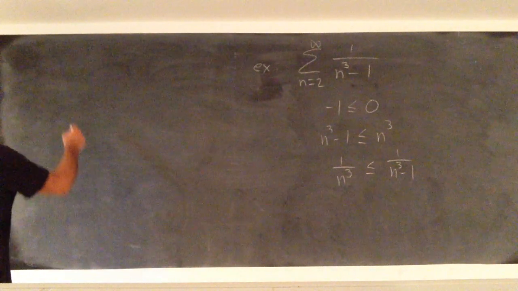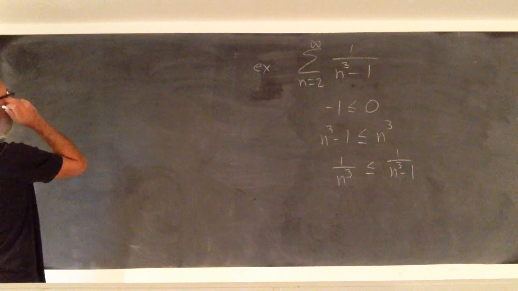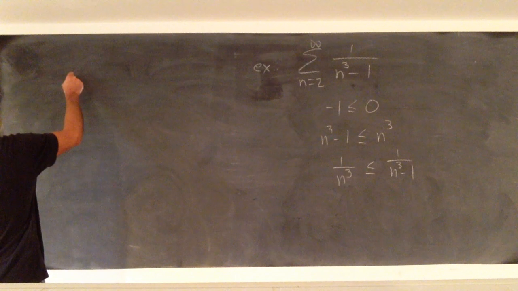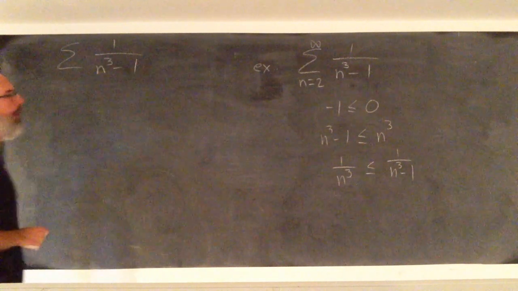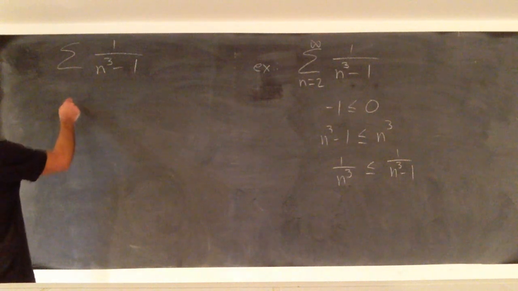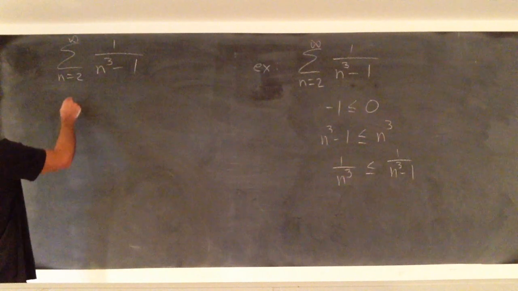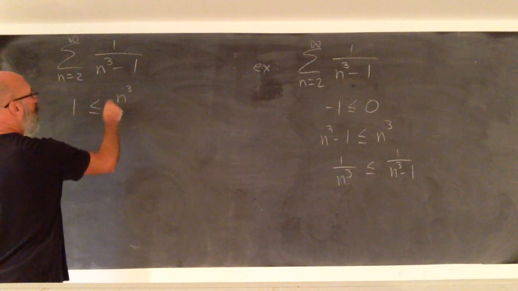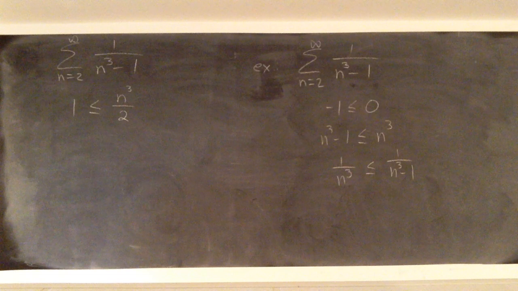Let's see what can be done here. Let's take that again, n cubed minus 1. This was from 2 to infinity. Let's say that 1 is less than or equal to n cubed over 3.